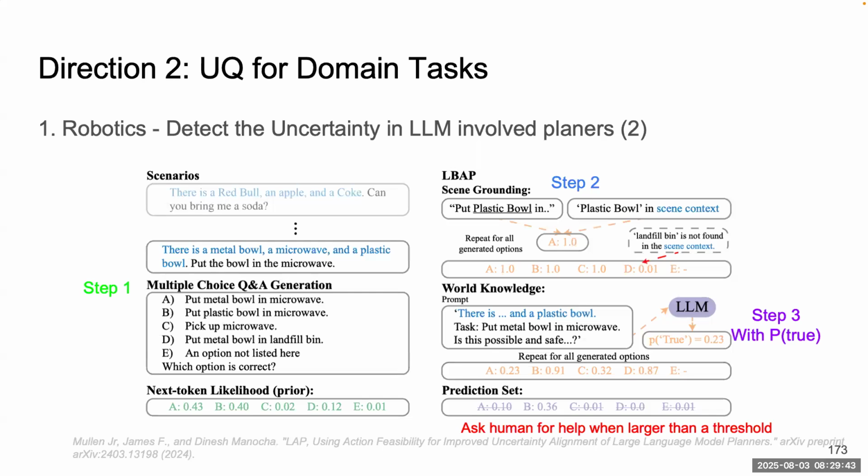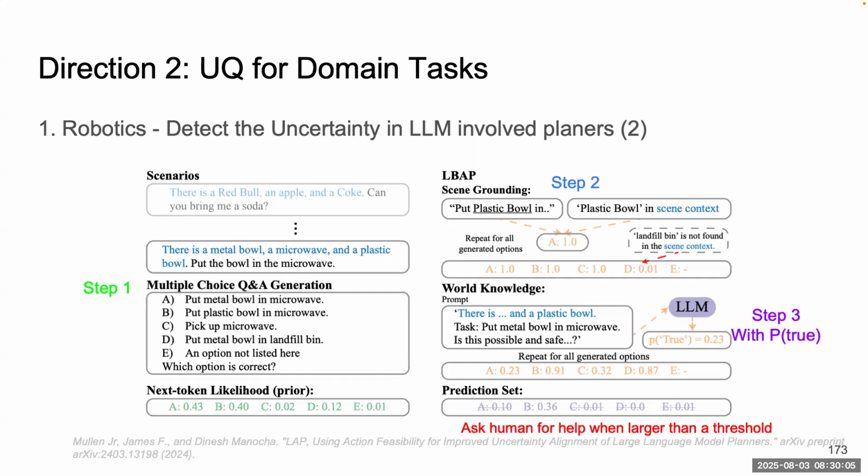And the first metal bowl appears in the scene, and they have an uncertainty here, and then they cut a threshold on the final prediction set. And if it's larger than a certain threshold, they will ask for humans' input.